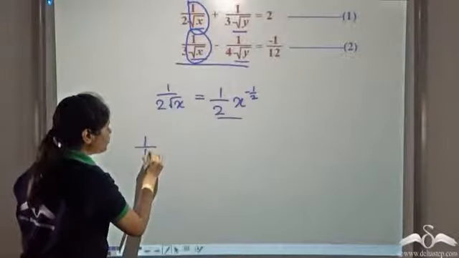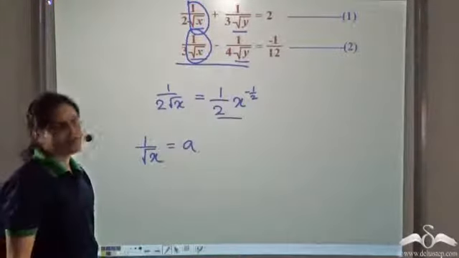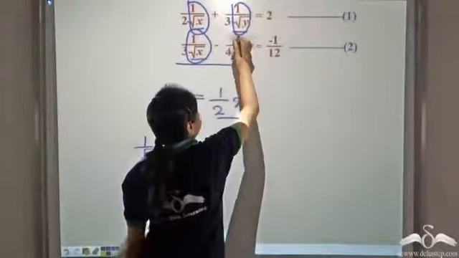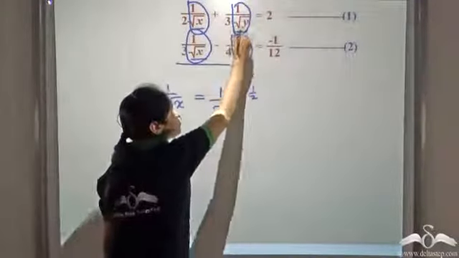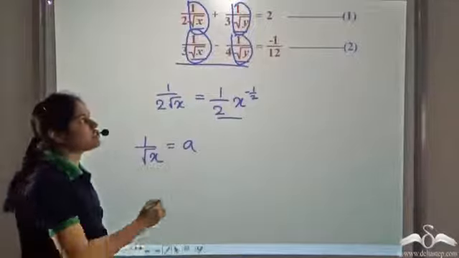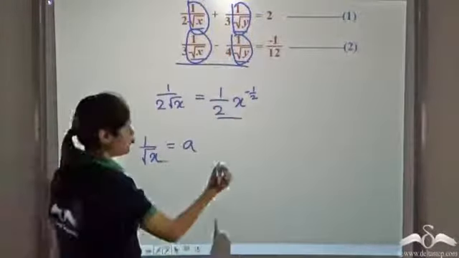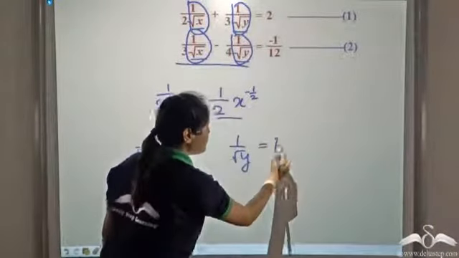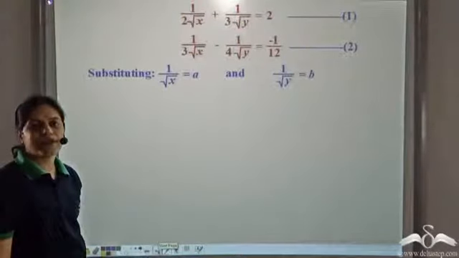So we have 1 by root x, and we take it to be a. Also we can take 1 by root y from here and 1 by root y from here. This is common to the second term of both the equations, and also this is the only variable part. So 1 by root y is equal to b. Let us make this substitution and see what we get.